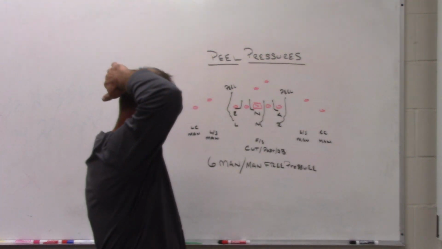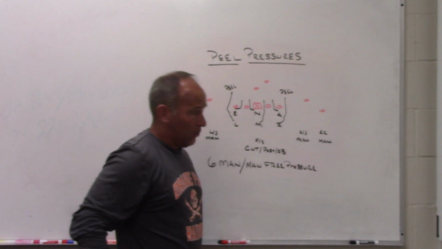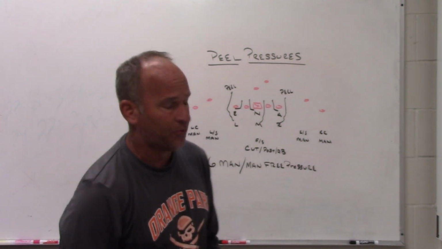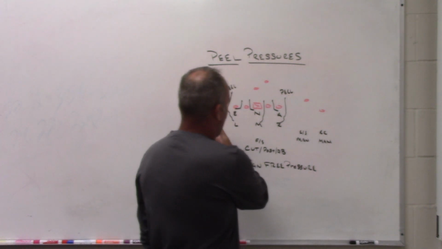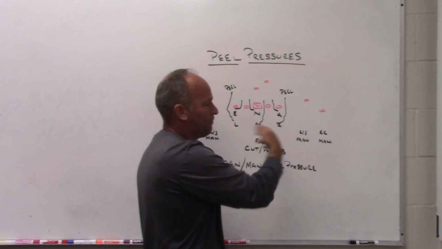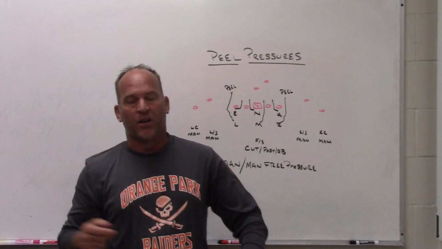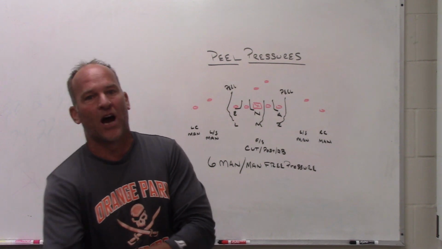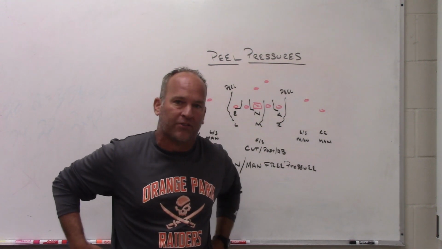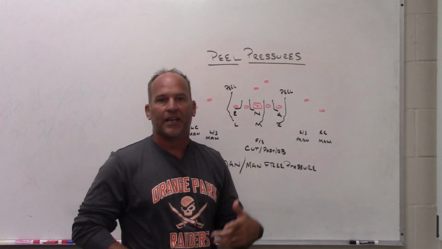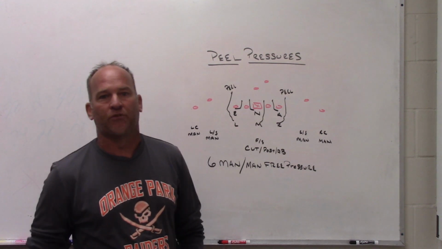Now, one of the reasons I like, and we moved to 3-3 stack personnel and 3-3-5 personnel, is because I like playing with 5 secondary players and I like playing with 3 safeties, because especially versus spread teams, when I want to do things that are more man-orientated or extra in the game plan, I feel like I have the bodies on the field to do it.